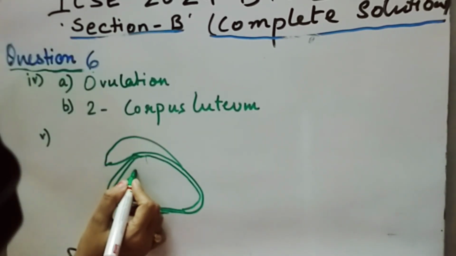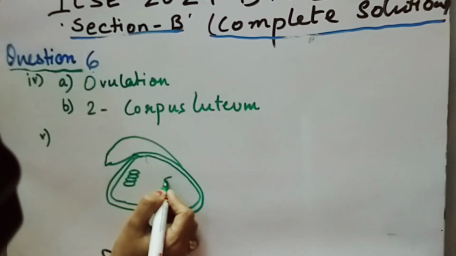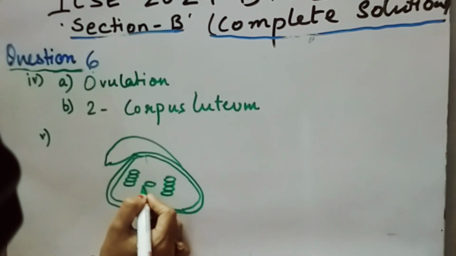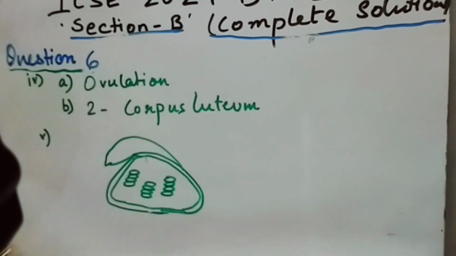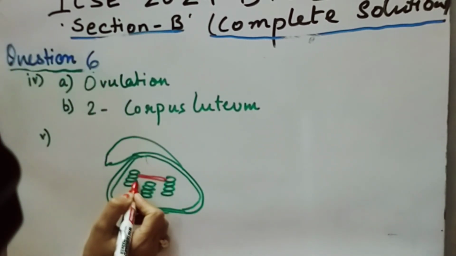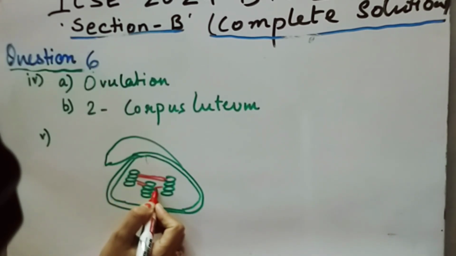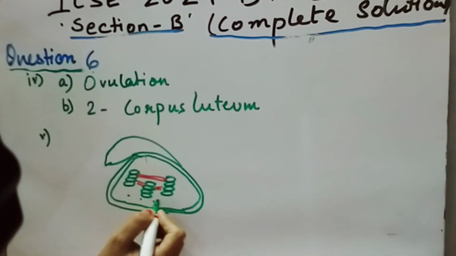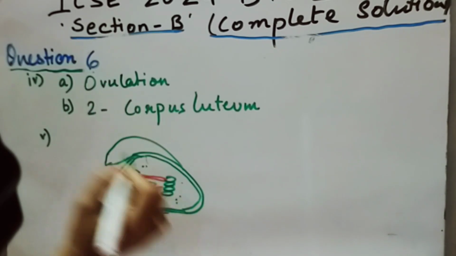So you can label it. This is grana, interconnected lamellae or fret, and the inner matrix called stroma.